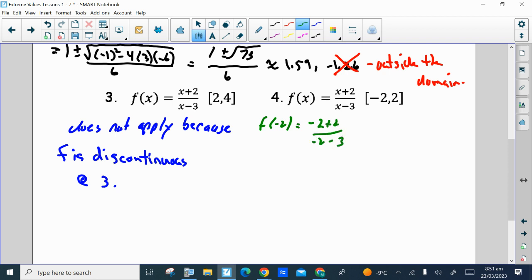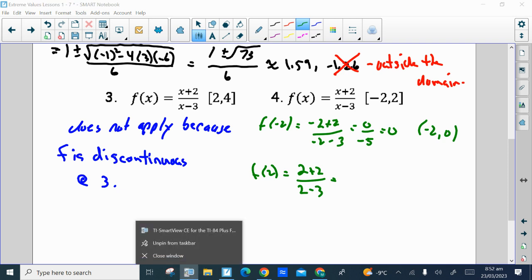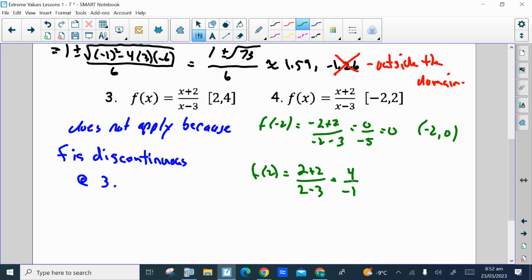And for negative 2, it doesn't really matter what the denominator is because the top is 0. So that will be 0. The point negative 2 comma 0 is our first point. F at positive 2 is 4 over negative 1, which is negative 4. So that's the point 2 comma negative 4.